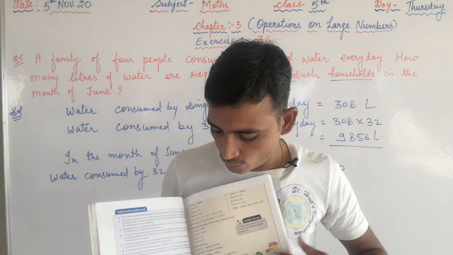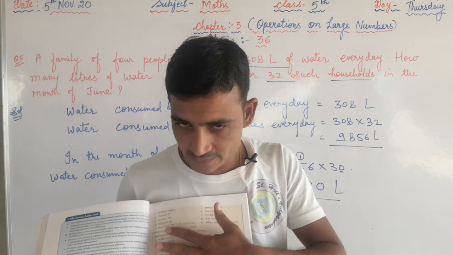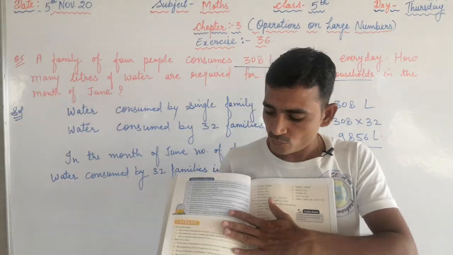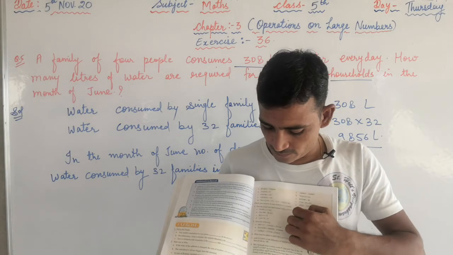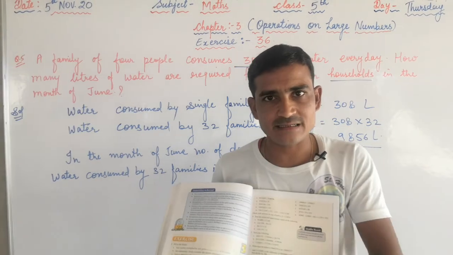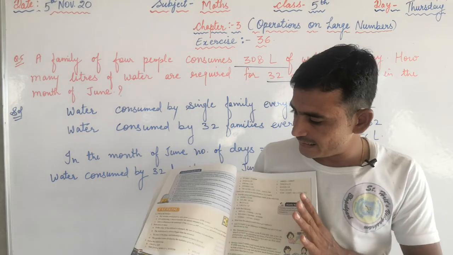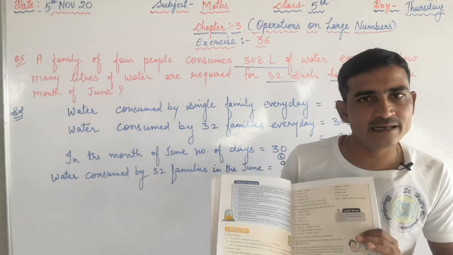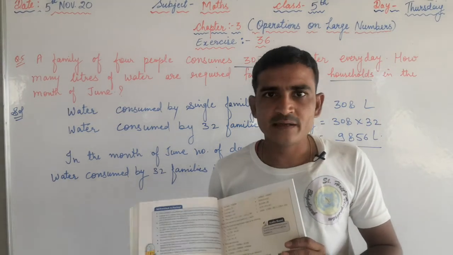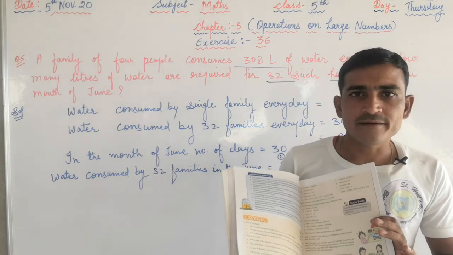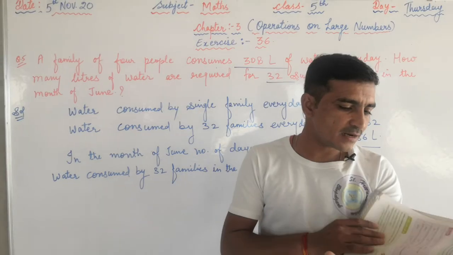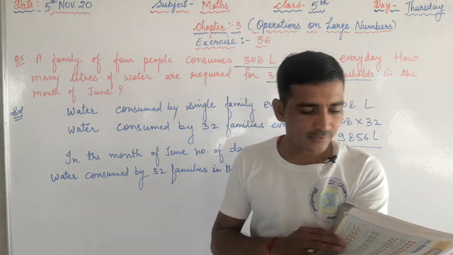All the things in these questions we already discussed in our previous lectures. So this is the miscellaneous types of questions from the previous exercises. So try to solve this exercise, that is page number 50 and 51, by yourself. If you face any type of difficulty, then you can contact us, or you can send your doubt on the school WhatsApp number.